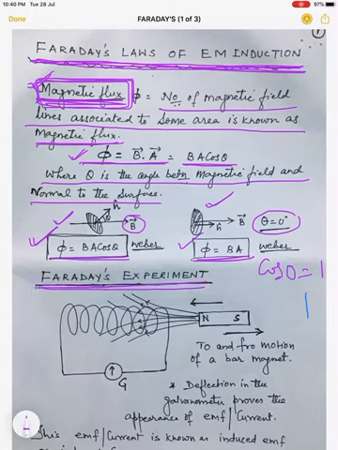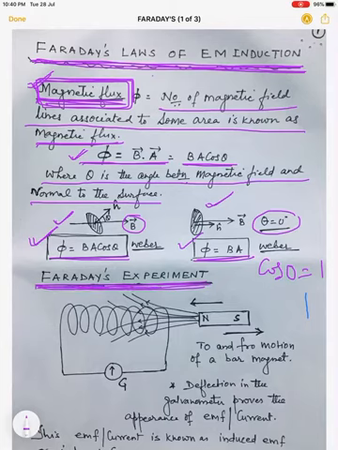Now, something about Faraday's experiment. I think all of you know from the magnetic effect of current that an experiment was performed by Ørsted. In that experiment, it was explained that whenever there is a current flowing in a conductor, there is a magnetic field associated around it.